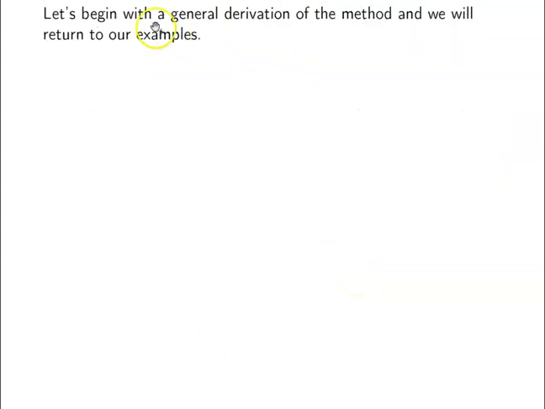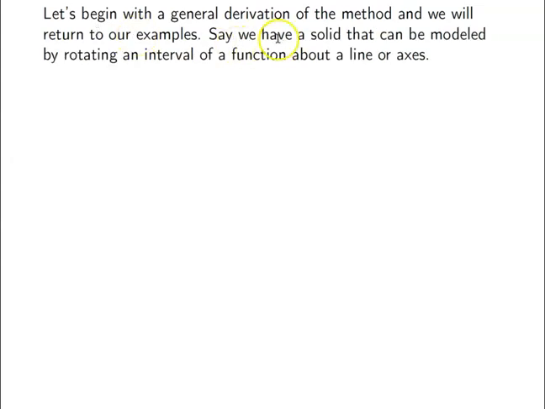Okay, so let's begin with the general derivation of the method we're going to use, and then we'll return to our two examples and apply that method to them. Let's say that we have a solid that we're going to model by rotating about a line or an axis, very similar to the last example.